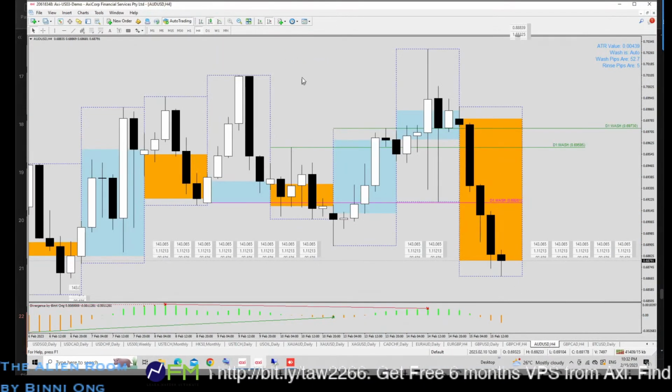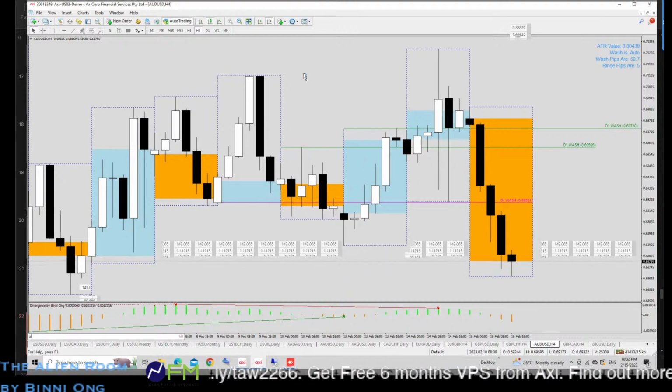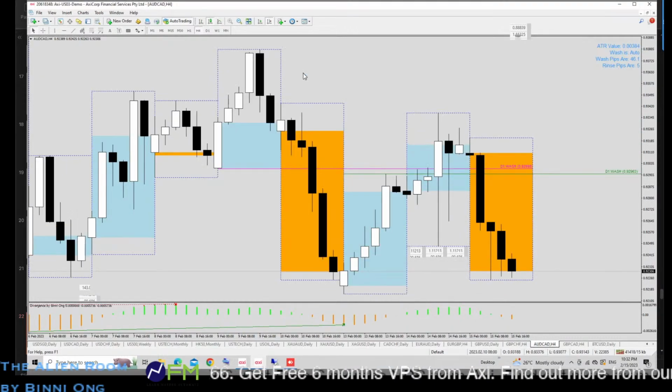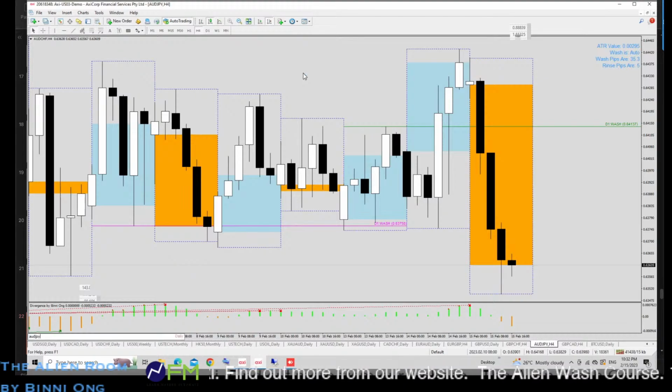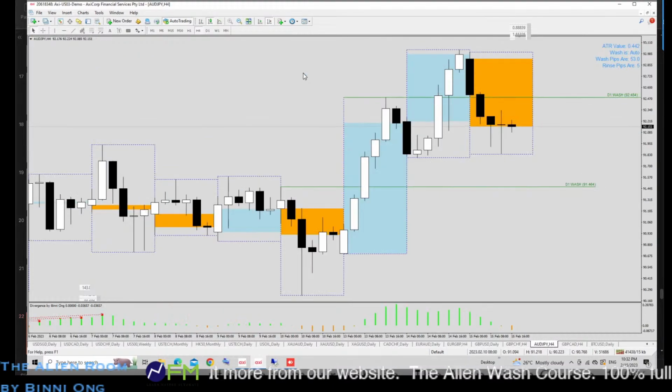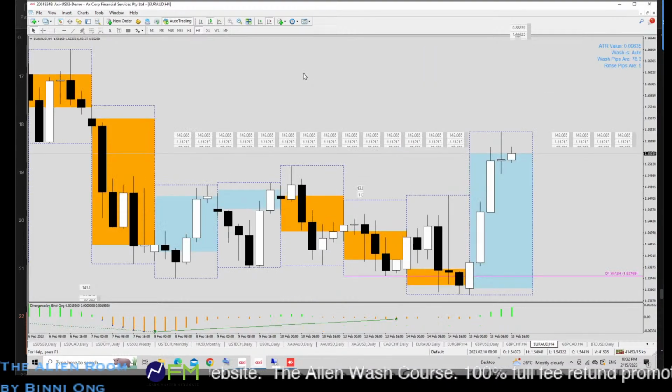If you traded the Aussie dollar, you make money now. Aussie cat, you make money already. Aussie franc, you make money. Aussie yen, you make a little bit of money too. Euro Aussie, on the upside, you also make money. So if you traded all the Aussies today, you basically make a lot of money.